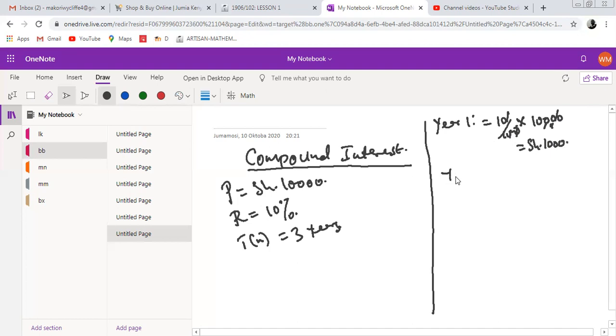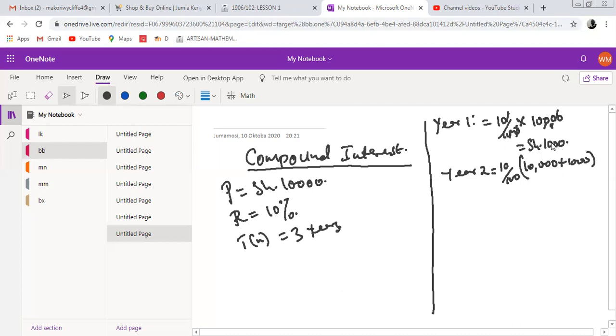When we go to year two, the amount that we are going to calculate our interest on is going to be the 1,000 interest plus the 10,000 principal. So the interest is going to be 10% of 10,000 plus 1,000.